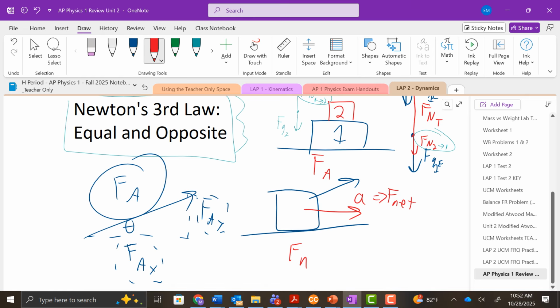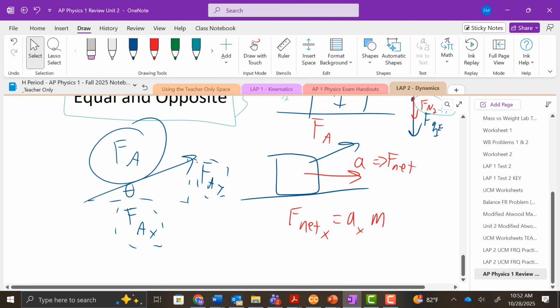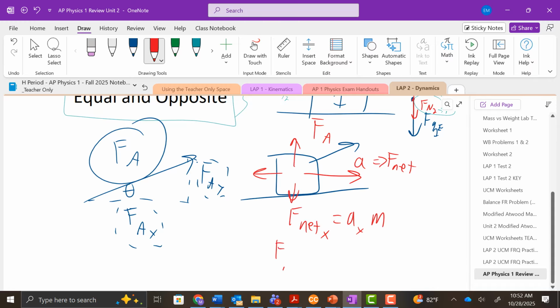Well, if Fnet is in the x direction and acceleration's in the x direction, I need to get all my forces in the x direction, and so usually there'll be a friction force, a normal force, a gravity force. So force applied in the x direction minus force friction would be equal to a_x times whatever the mass of this block is. So that's how you would solve a problem like this.